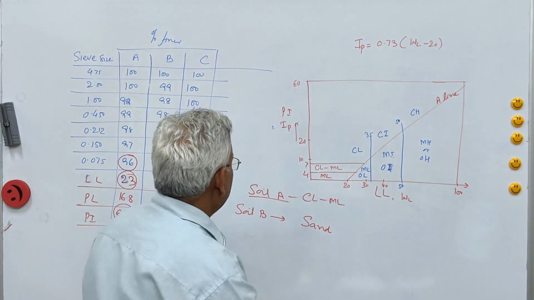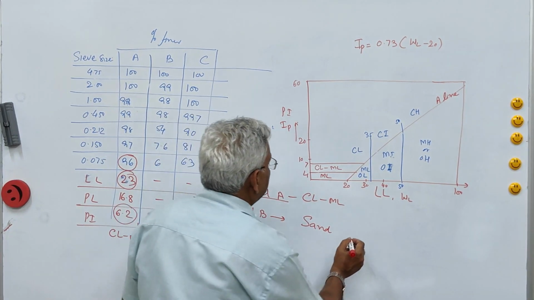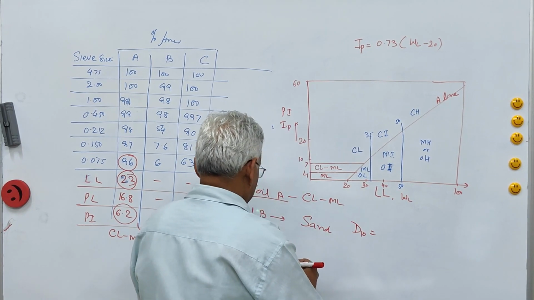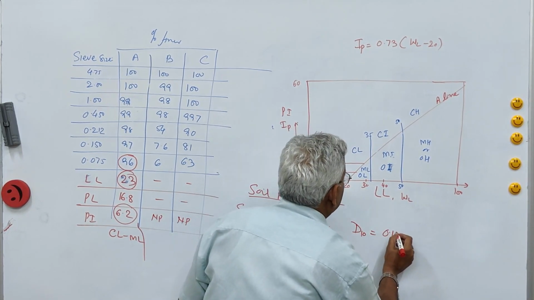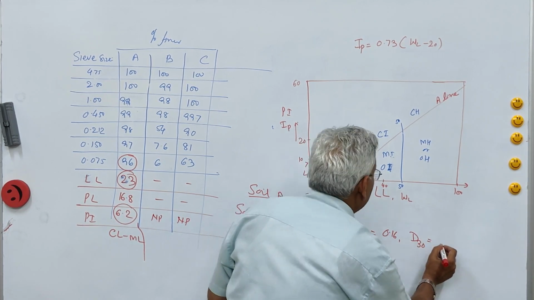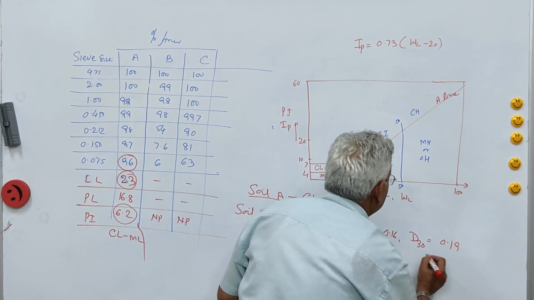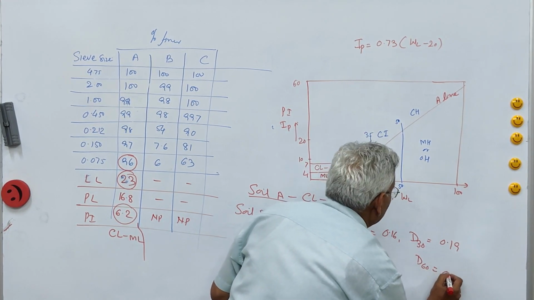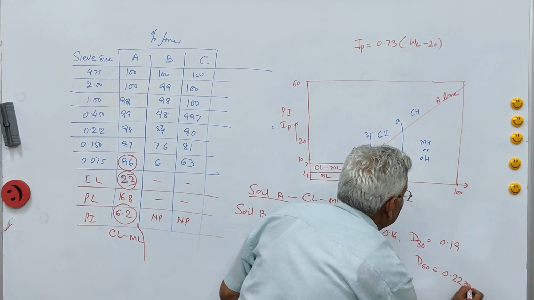So, let us say you make a plot and you get D10 is 0.16, D30 is 0.19 millimeter, and D60 is 0.22 millimeter.